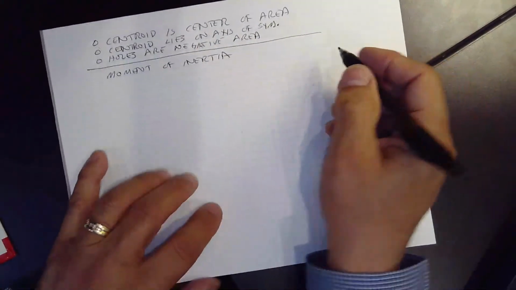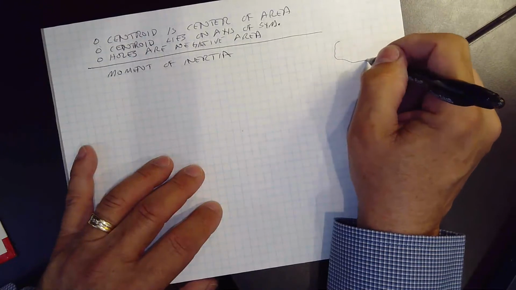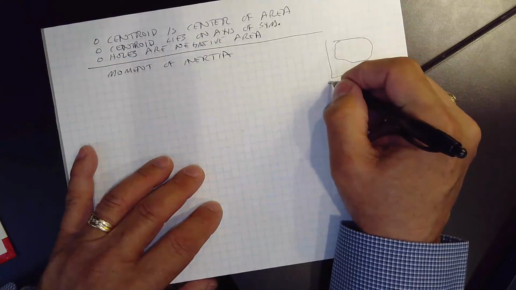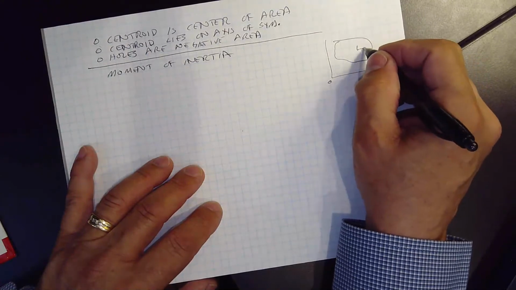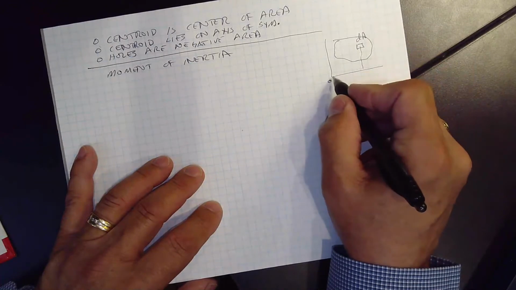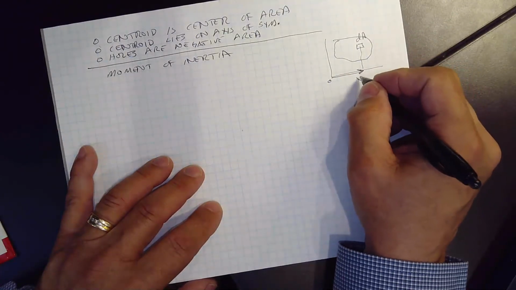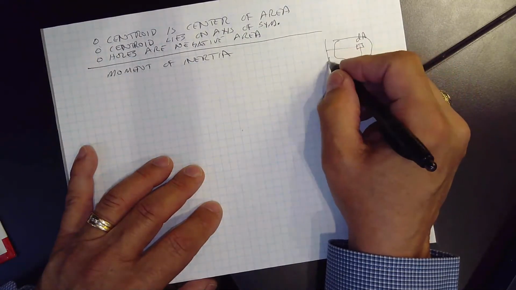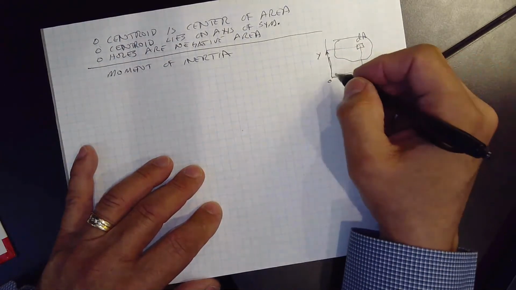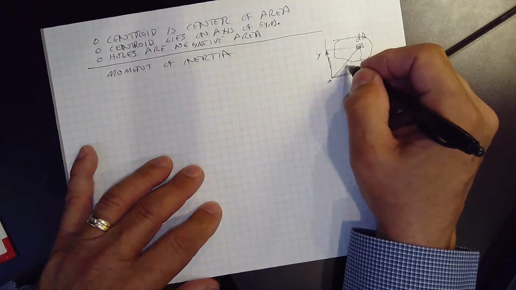Again, if we have that same amorphous blob, and we have some axis system, we have an ordinate down here, we have our dA element over here, and of course we're measuring our distance x and our distance y to that area. We can also measure the distance r, radius, to that area.